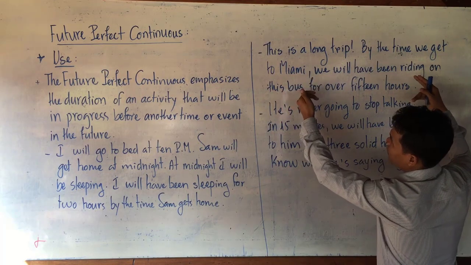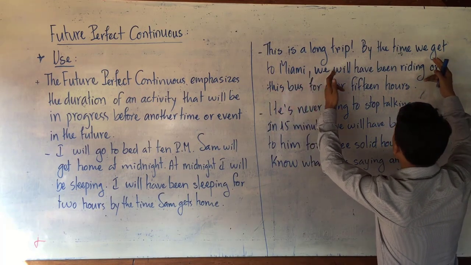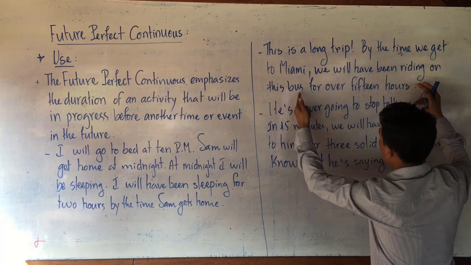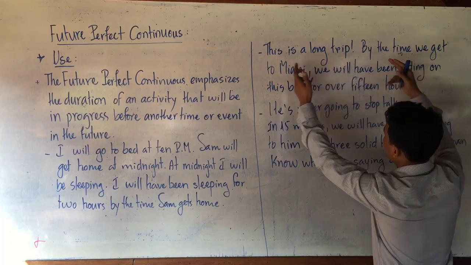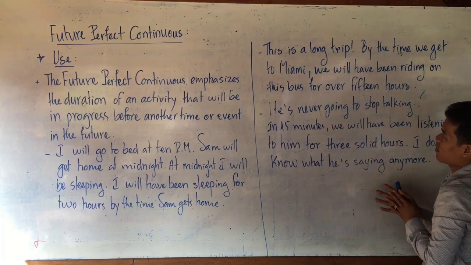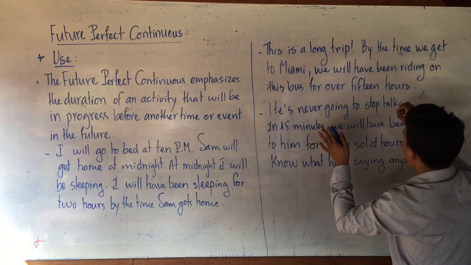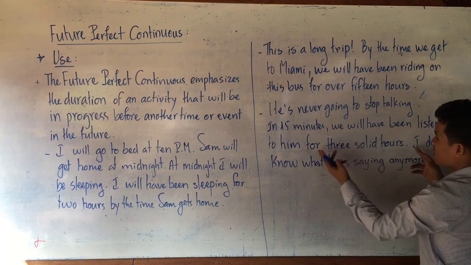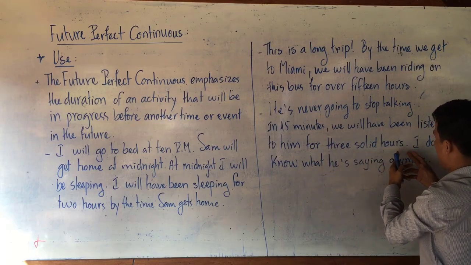The future perfect continuous: by the time we get to Miami, we will have been riding on this bus for over 15 hours. The situation is that now we are on the way, on the bus. In 15 minutes, we will have been listening to him for 3 solid hours.